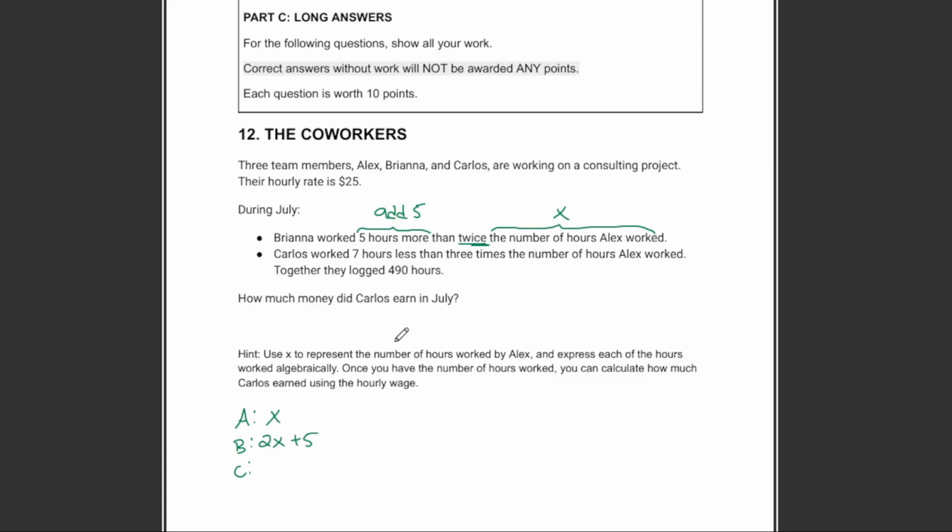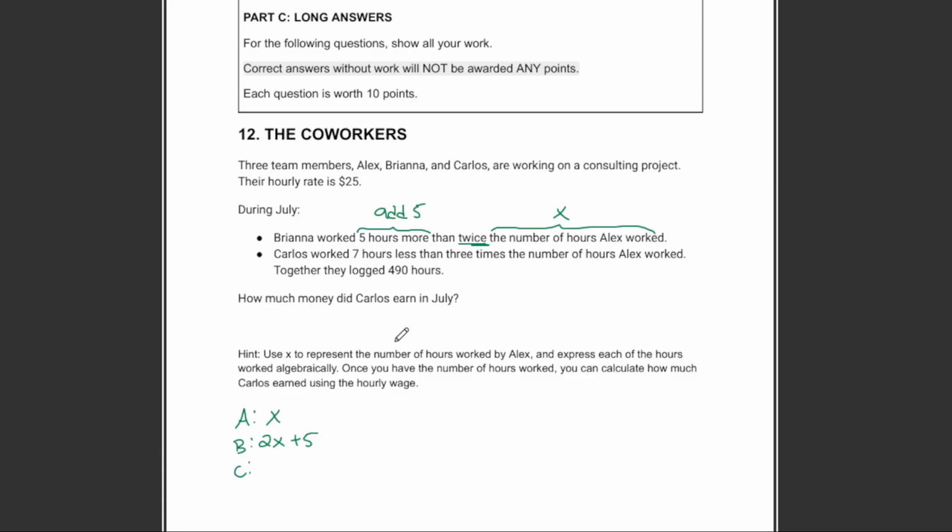You have to remember that when you're doing less than something, you're subtracting that thing from something else. It's not 7 minus something, it's something minus 7. So we want 7 hours less than what? Less than 3 times the number of hours Alex worked.